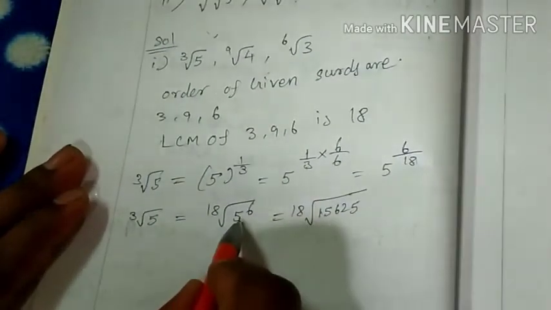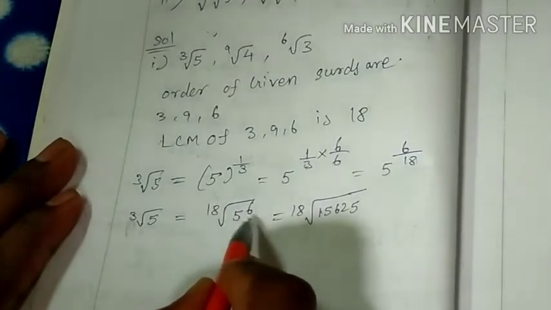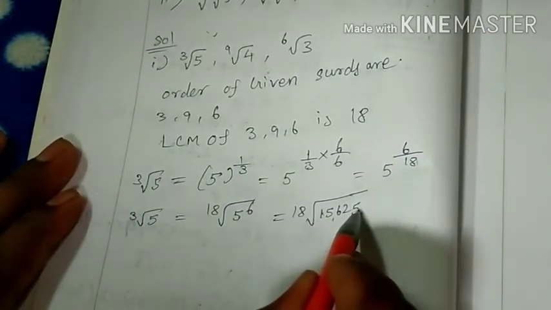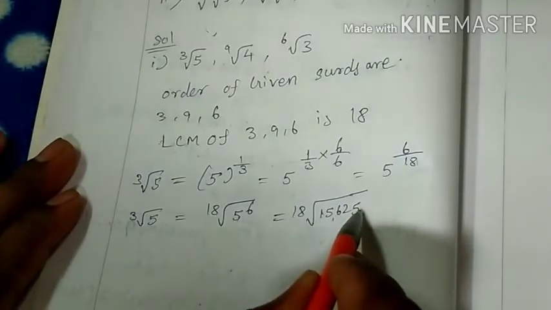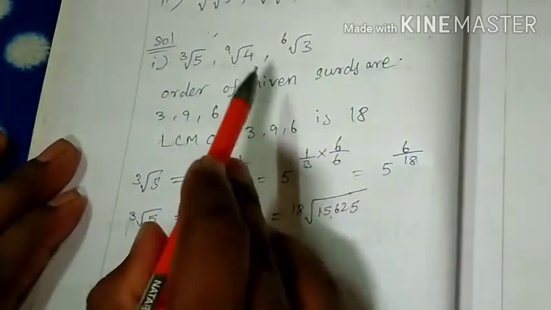This is your homework. 5 multiplied 6 times we get 15,625.